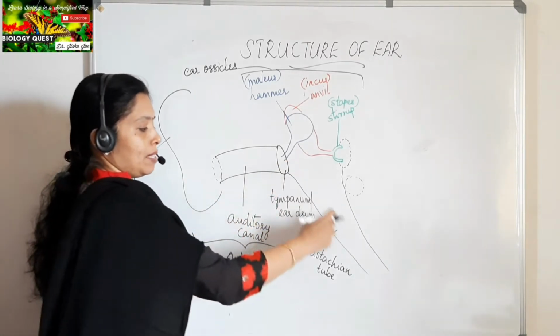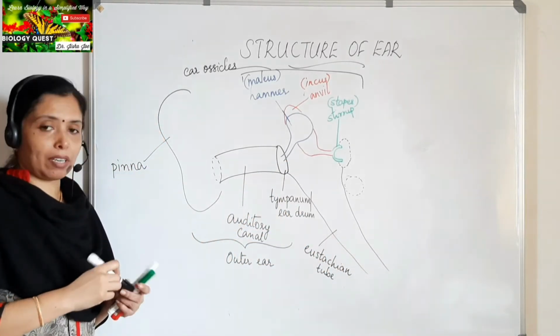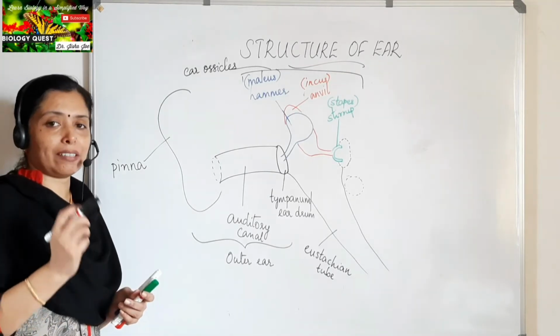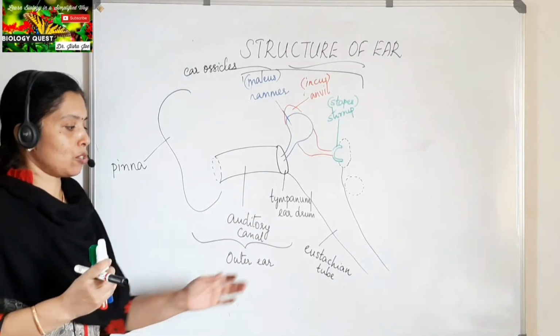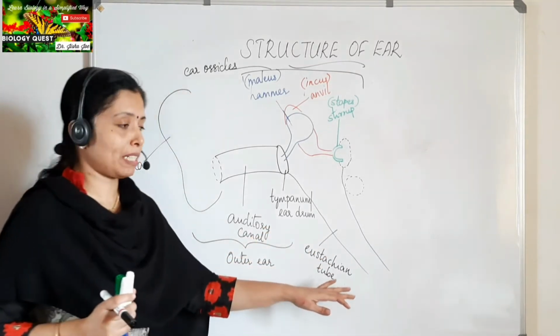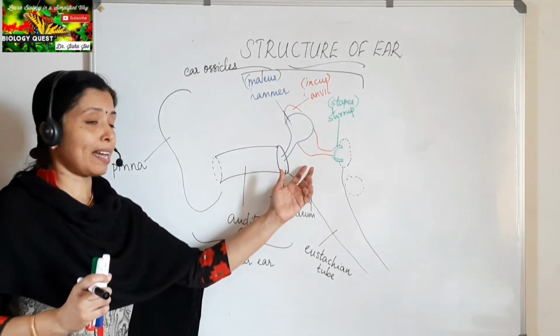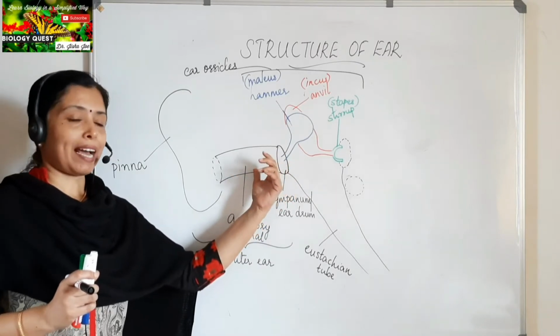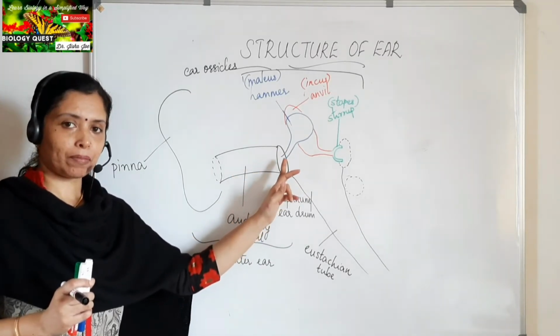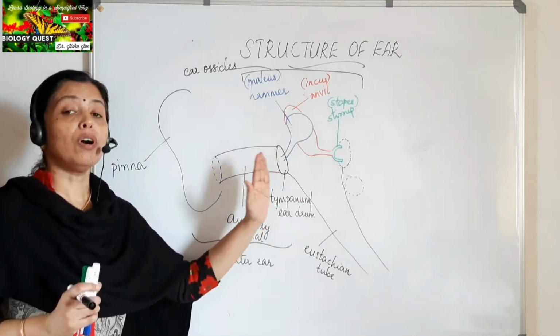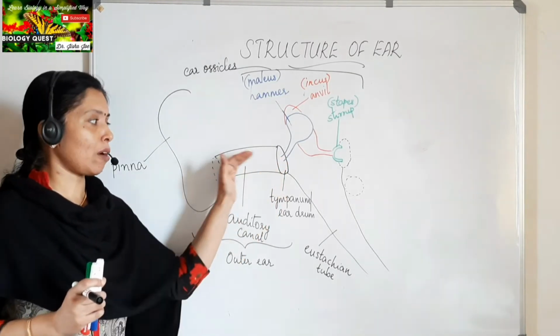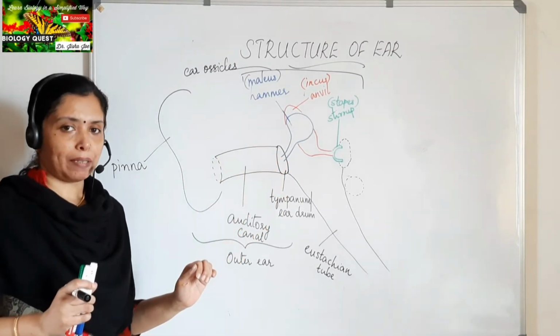The function of the eustachian tube is to equalize the pressure on either side of the tympanum, so that the tympanum is able to vibrate freely when sound waves reach the tympanum.